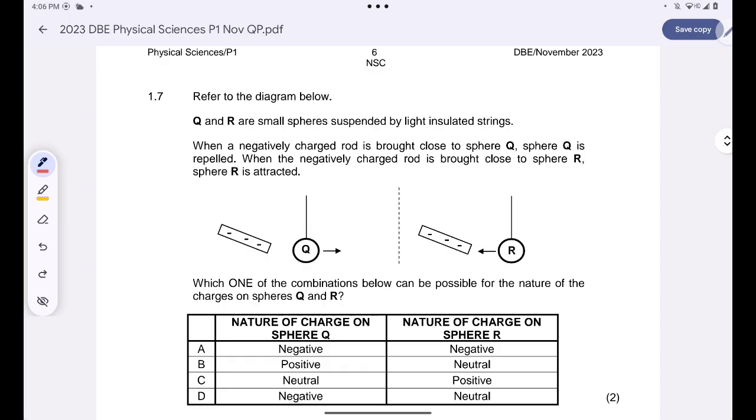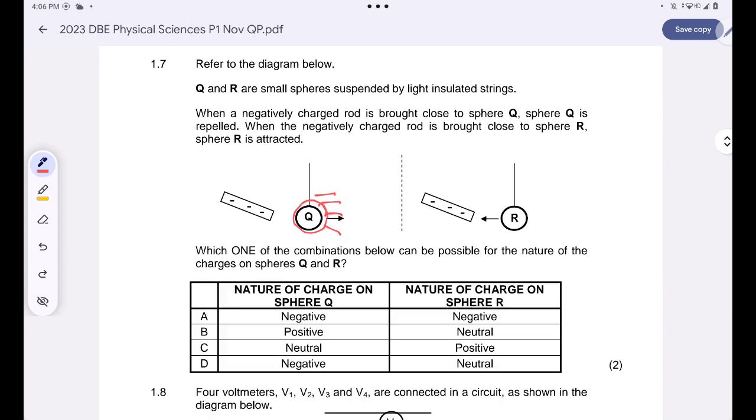Okay, this thing, guys, simply means that since there's a negative rod and that negative rod repels sphere Q, that means sphere Q is negatively charged. Are you together? And then the negative rod attracts sphere R. Sphere R is either positively charged or neutral.